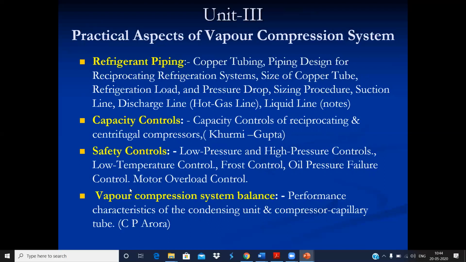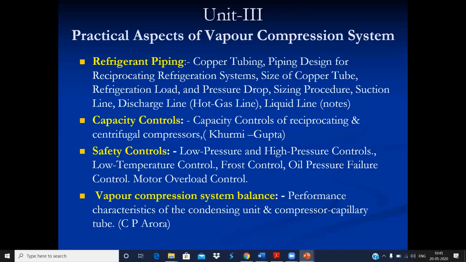The safety controls used in refrigeration systems we are also going to discuss here. That is, safety controls in compressors, then safety controls in motors: the LP/HP cutouts, then low pressure, low temperature controls, then frost controls, then oil pressure failure control in compressors, then motor overload controls. So mainly the electrical part will be there.